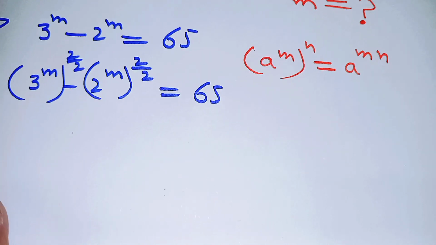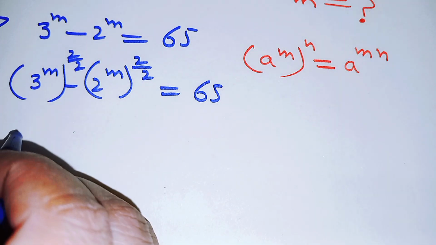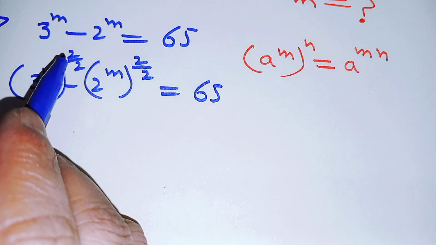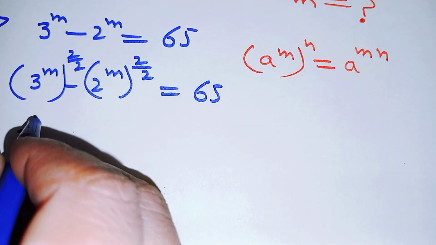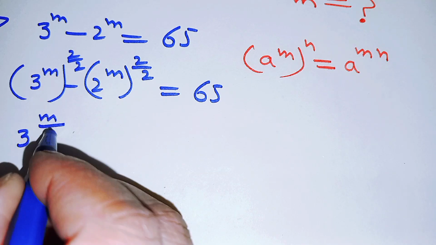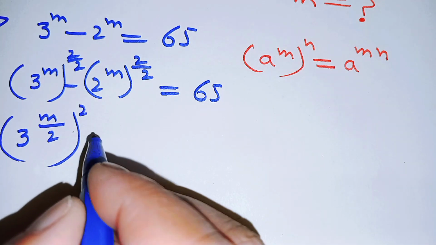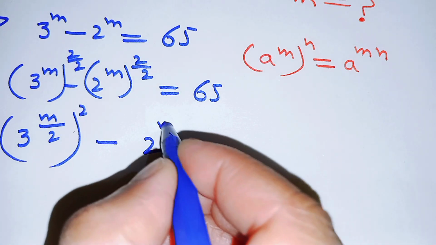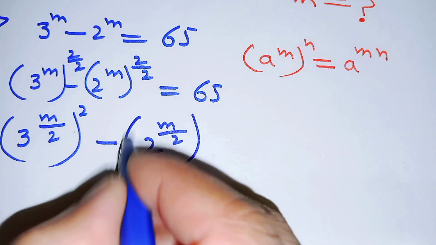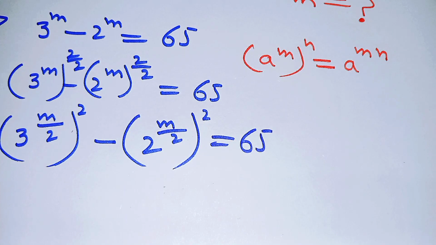Since 2 divided by 2 is equal to 1, it can be written as 3 to the power of m over 2, whole to the power of 2, minus 2 to the power of m over 2, whole to the power of 2, is equal to 65.